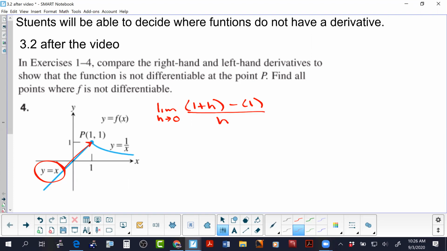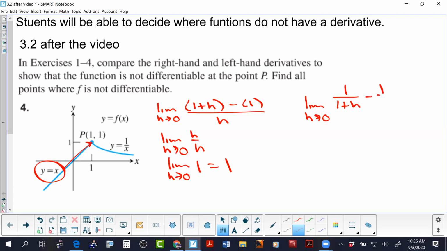So we have the limit as h approaches 0 of h over h, which is the limit as h approaches 0 of 1, which is 1. So that's the left-hand limit, or left-hand derivative. And then we have the limit as h approaches 0 of 1 over 1 plus h minus 1, over h.